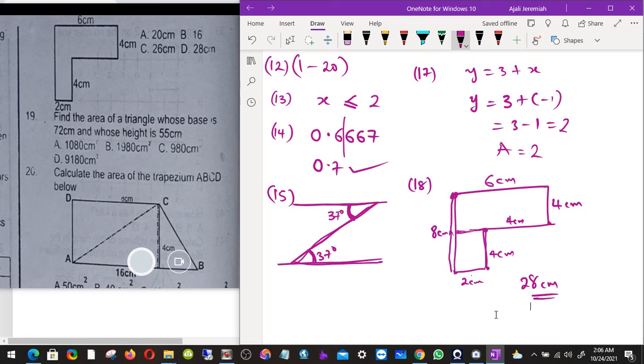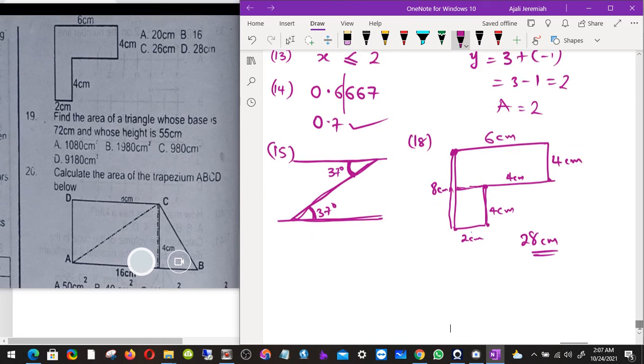Okay, number 19. Find the area of the triangle whose base is 72 cm and whose height is 55 cm. Still remember the formula for area of a triangle: half base times height. Okay, so let's get the formula.